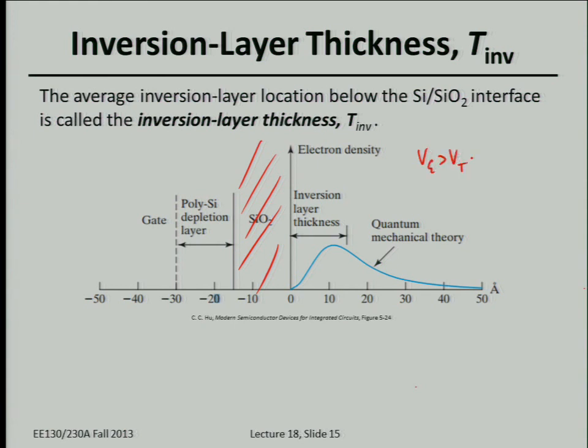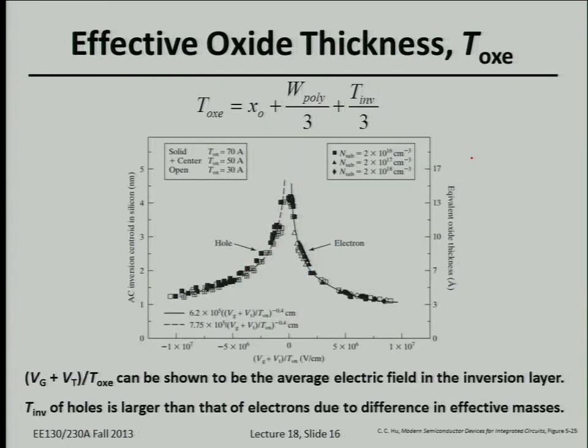We're forming an inversion layer. In reality, the average distance of the inversion layer charge away from the oxide interface is greater than 0. That's what's covered in this last section.